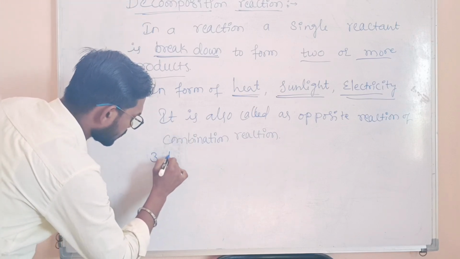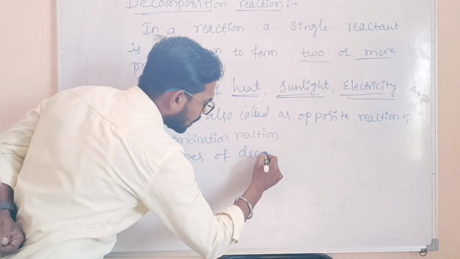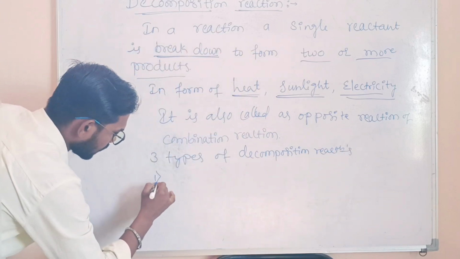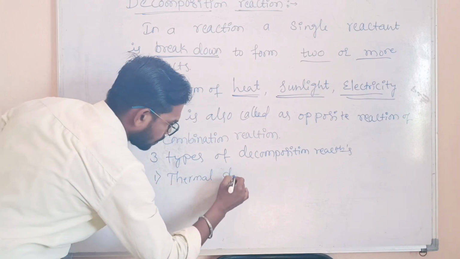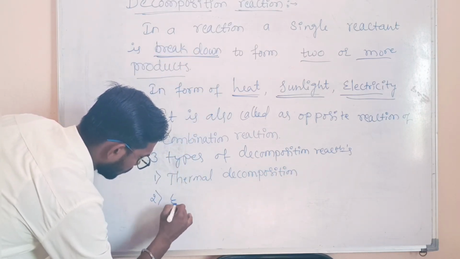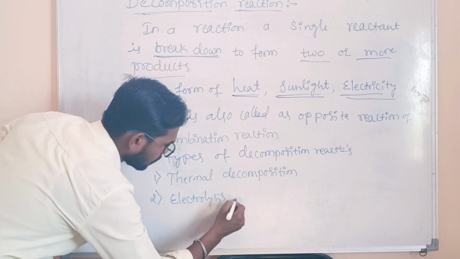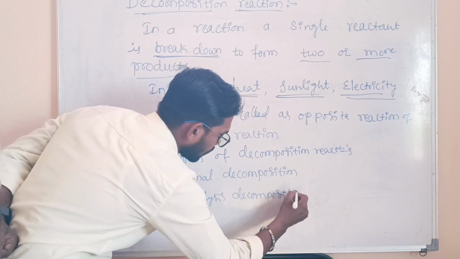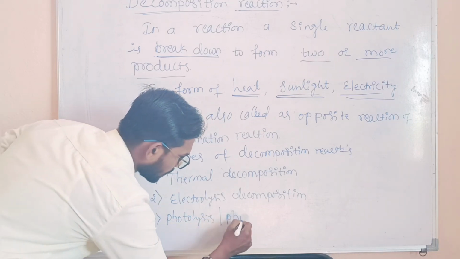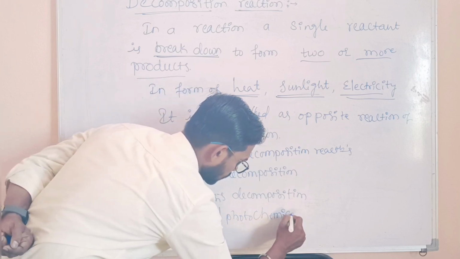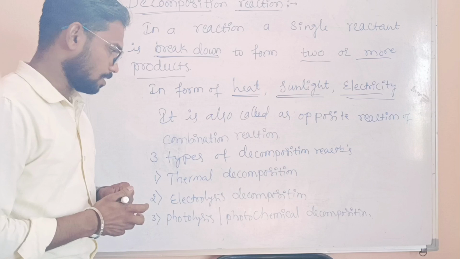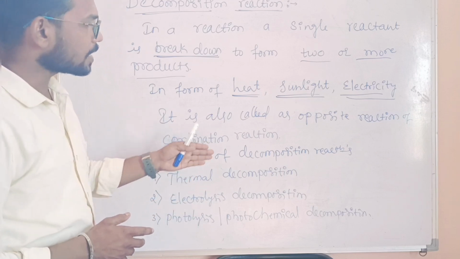The first one is thermal decomposition, the second is electrolysis or electrolytic decomposition, and the last one is photolysis or photochemical decomposition. So there are three types of decomposition reactions.